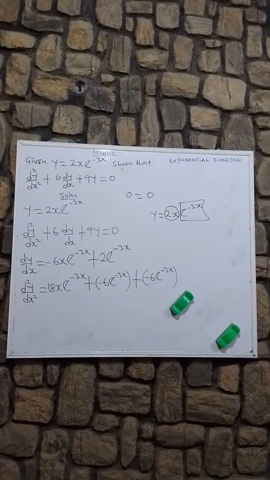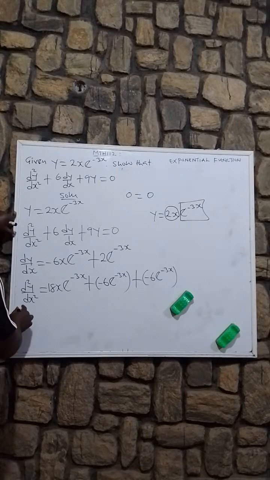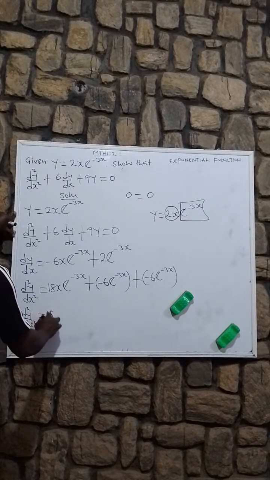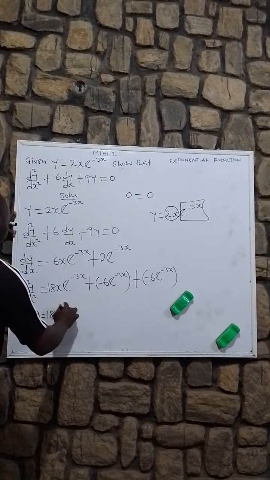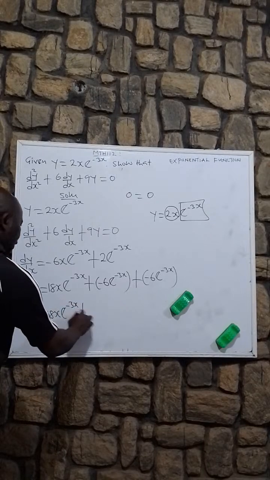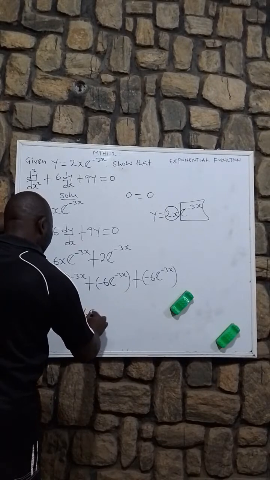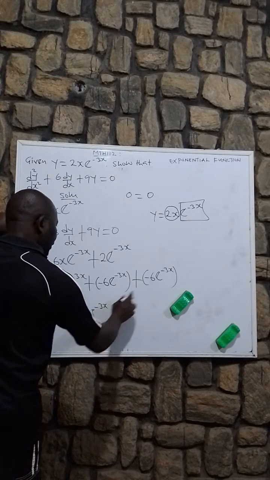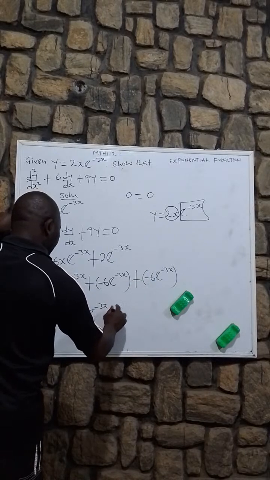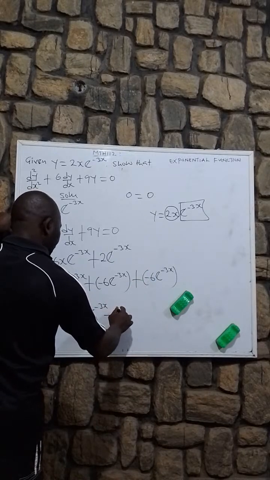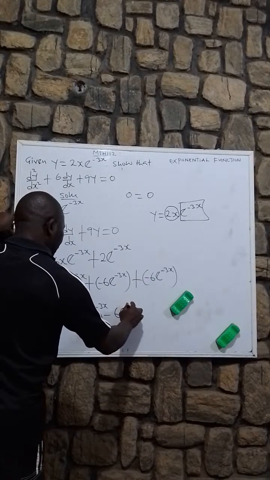So far, so good. So, this implies that, let's write it, our d squared y over dx squared will now be equals to 18x exponential minus 3x. That is plus times minus, minus 6 exponential minus 3x, plus times minus, minus 6 exponential minus 3x.